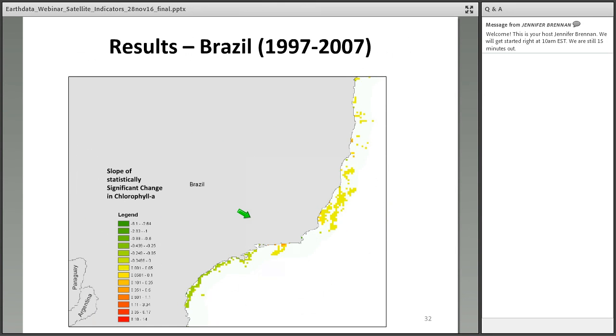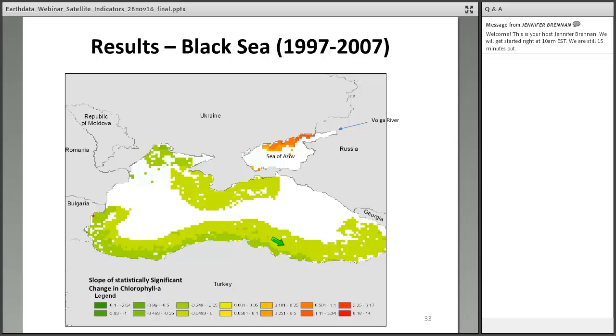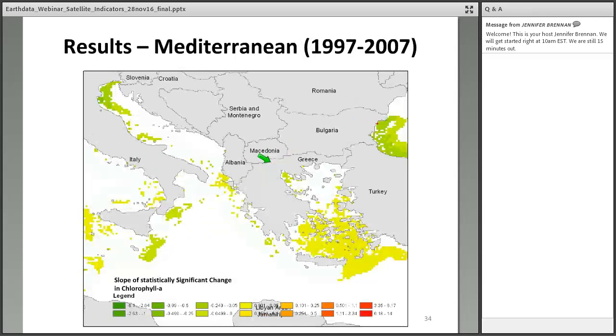In Brazil, a little bit east of Rio de Janeiro, for some reason there was a positive trend in this region, and honestly we were not able to dig deeper in terms of what might be going on in these areas. We saw a positive trend in the Sea of Azov, which is part of the Black Sea, and that could be related to pollutants coming out of the Volga River.